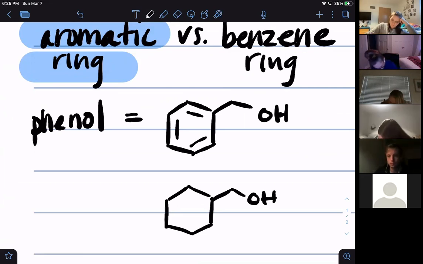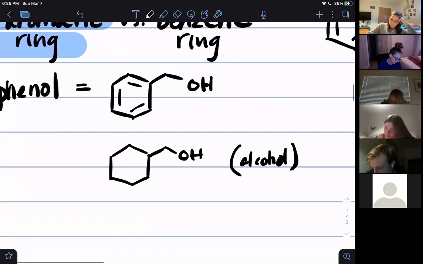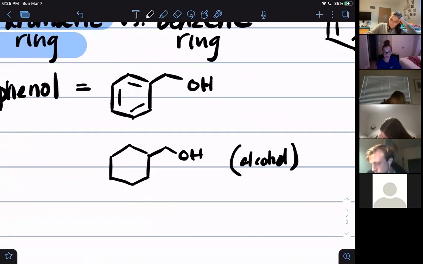It's an alcohol. Okay, phenol is going to be an aromatic ring with that alcohol, okay? Otherwise, if any alcohol is on a cyclic, no special name, okay? It's just an alcohol. Okay, so don't confuse those. It has to be on an aromatic, a saturated ring, okay?